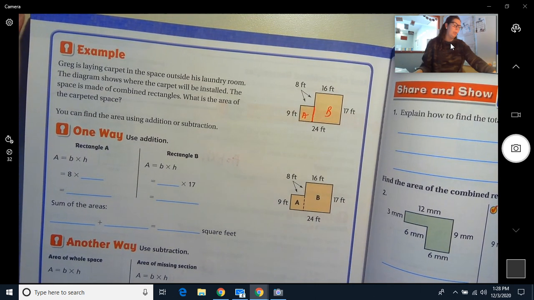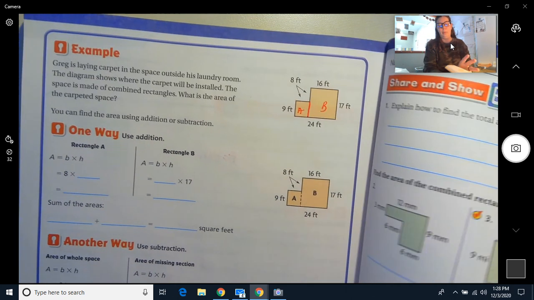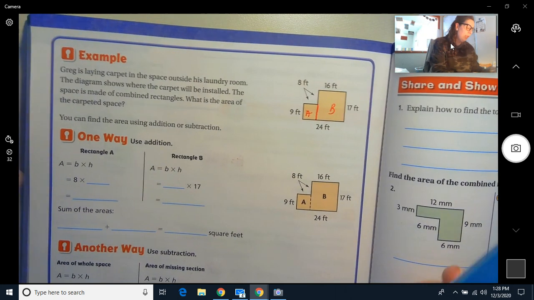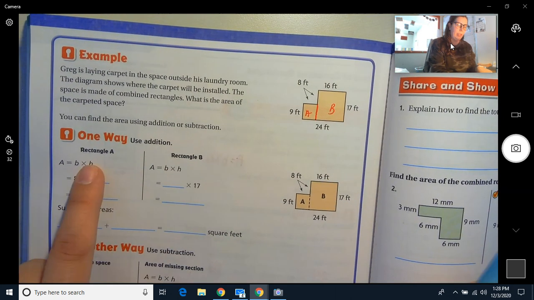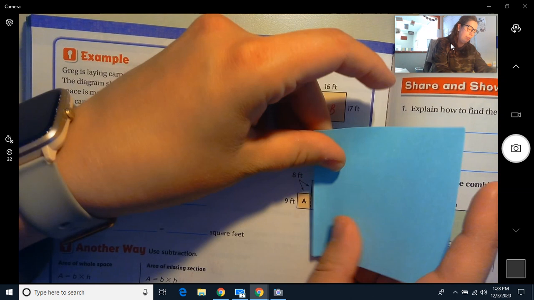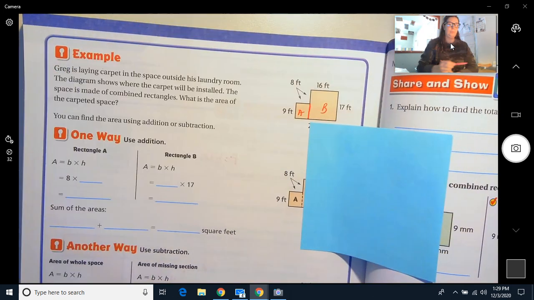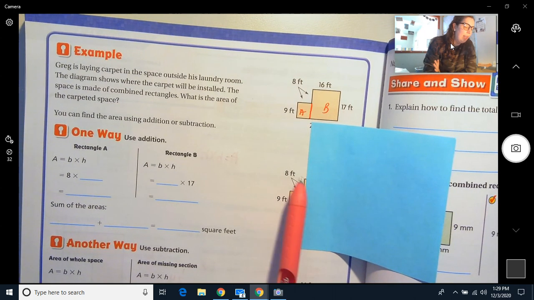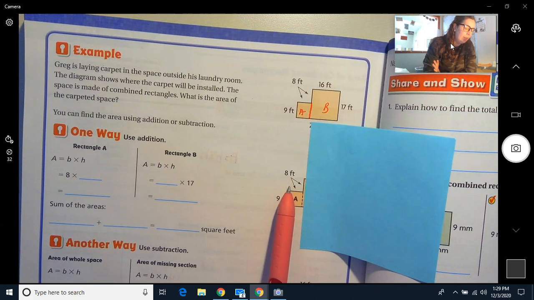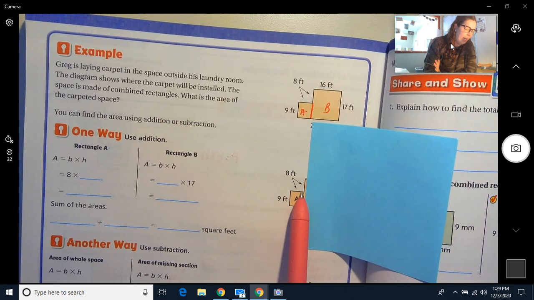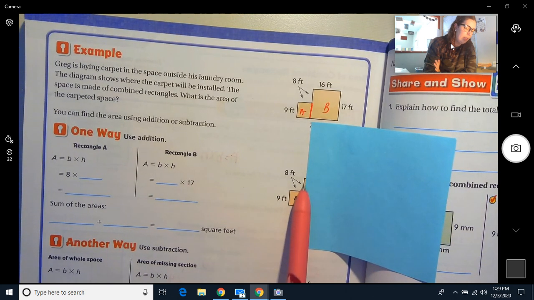So what I'm going to do is I'm going to cover up rectangle B because I'm figuring out rectangle A right now. So all I have to do is look right here at these. Like that. Okay? Now, this here is saying 8 foot is the same for this side right here and the side going up right there, okay?